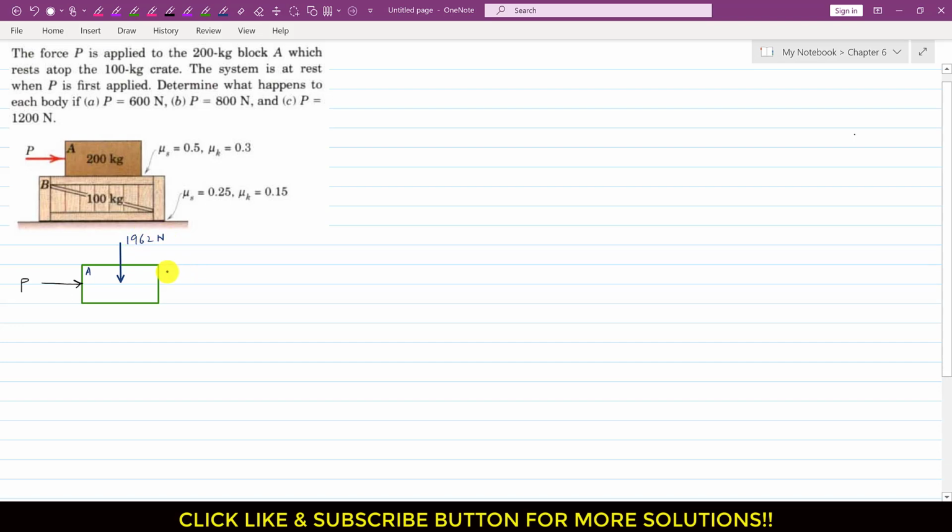So this is the weight of body A, and similarly this block B will apply the normal force. The surface of this body B will apply the normal force which will be acting vertically upward.